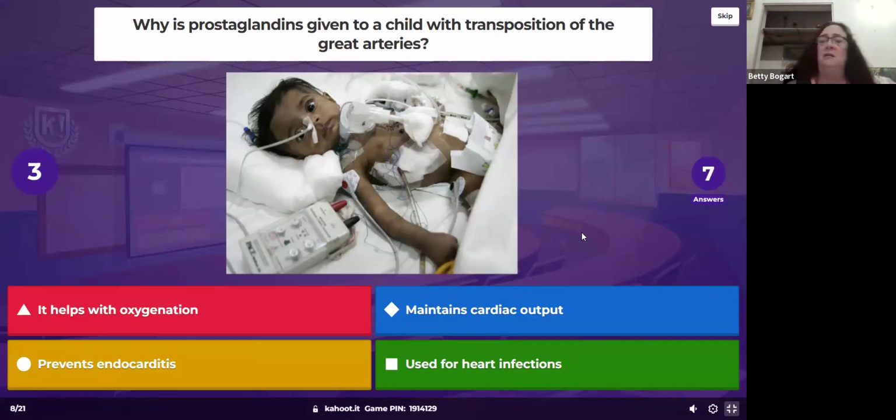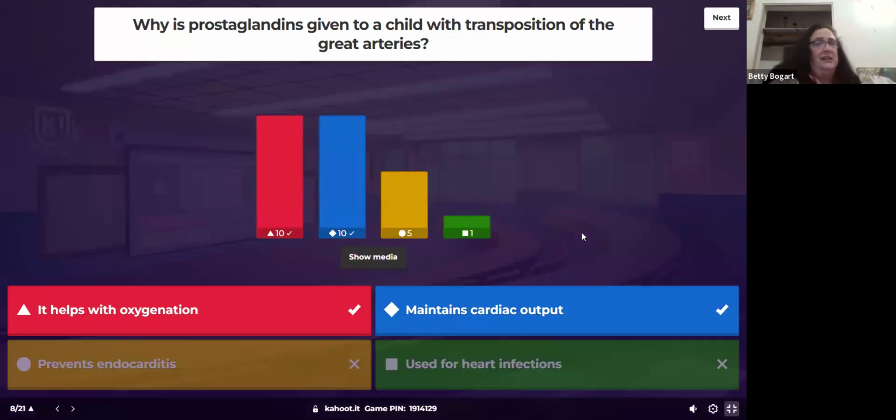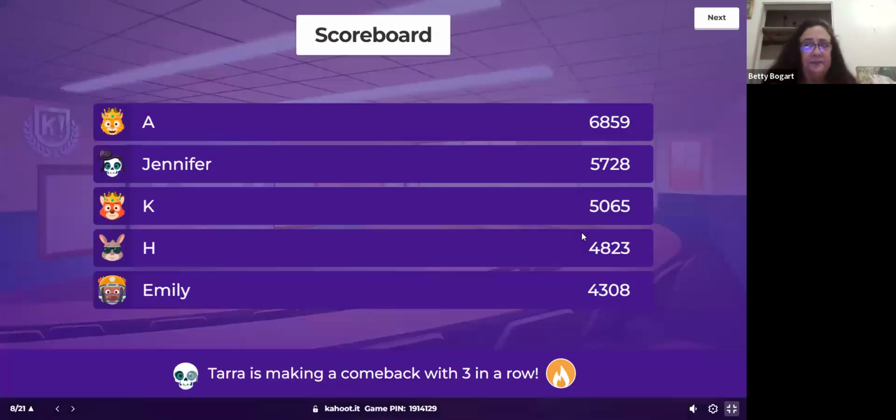After mommy's gone, we can give ourselves some synthetic prostaglandins for those conditions where you need an oxygen giver, right? So it helps with oxygen and maintains cardiac output. It has nothing to do with endocarditis, nothing at all. All it does, it keeps open that oxygen giver. That's all it does.